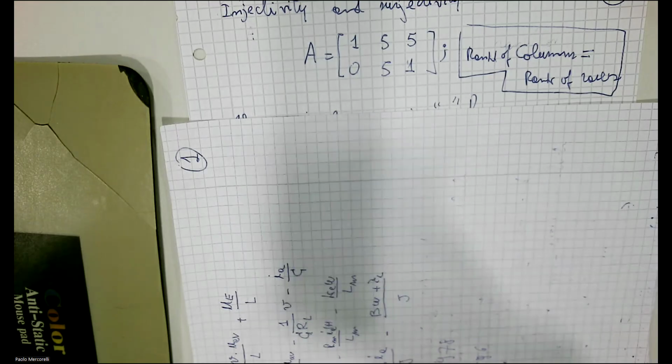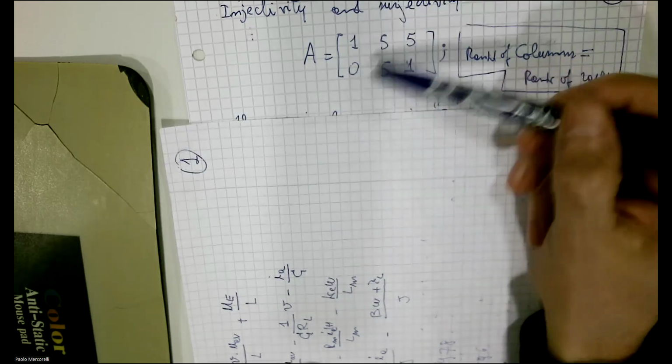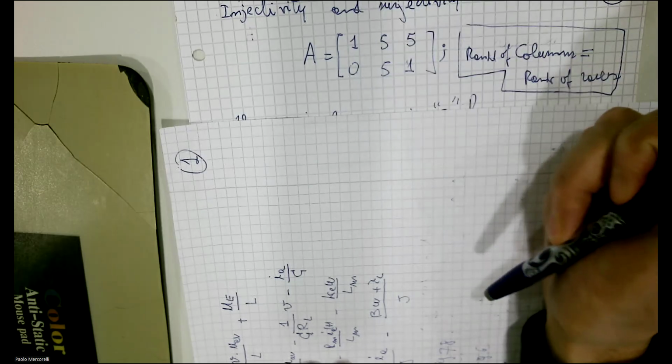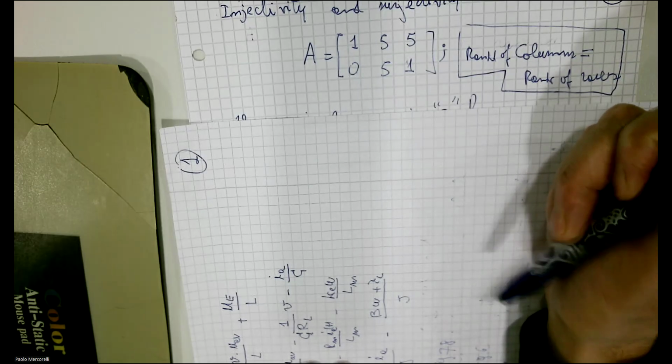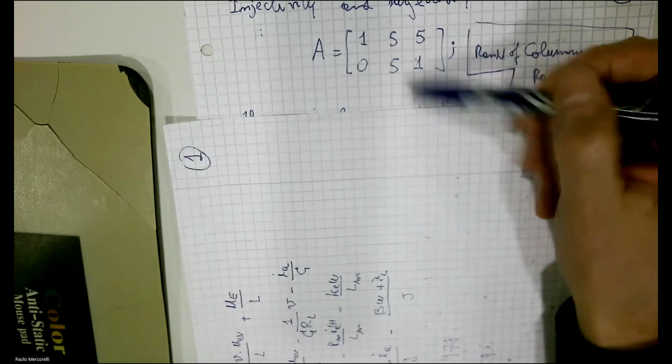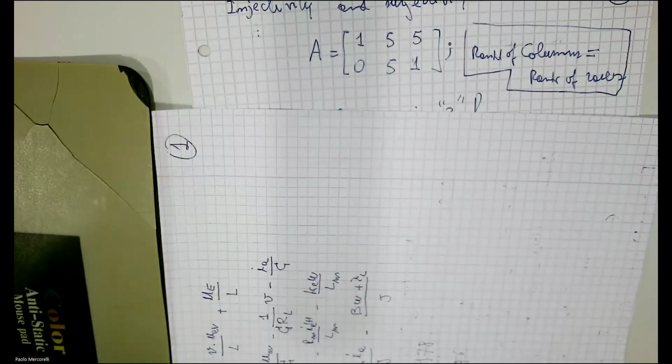You can use two methods. You can show me that the columns are dependent. We did this example today also: dependence of vectors. The columns are three vectors in dimension 2, which are nevertheless dependent.